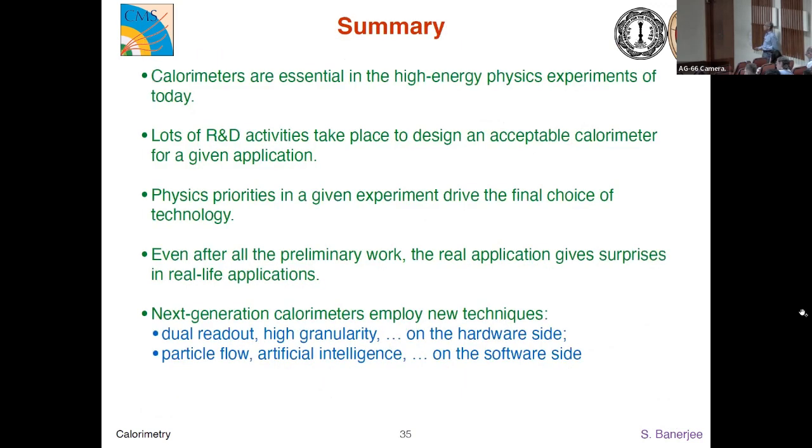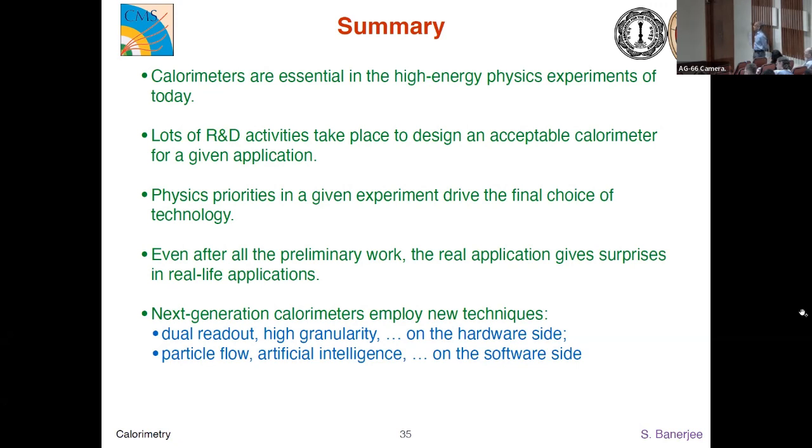So I come to my end, just to summarize: calorimeters are essential in high energy physics experiments of today. There is a lot of R&D activity to design an acceptable calorimeter for a given application. Physics priorities in an experiment drive the final choice of technology.